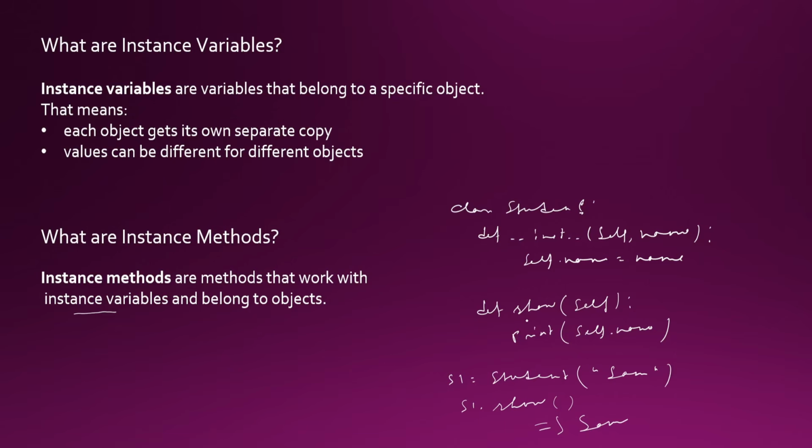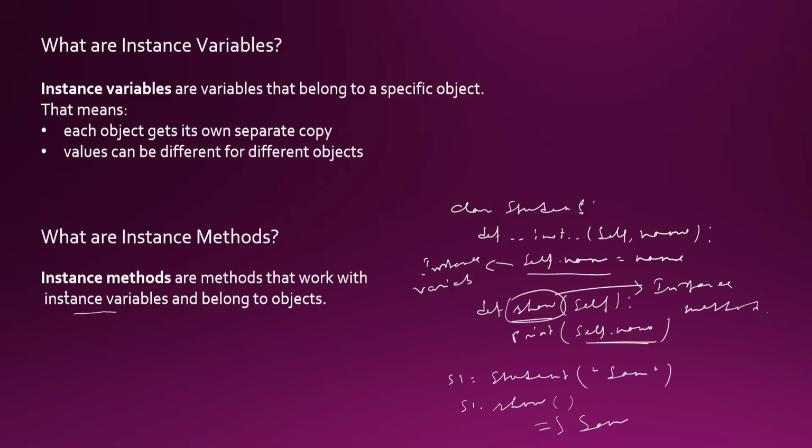Now see, this show method is working with self.name. My self.name is what? This is an instance variable, right? Now this show method is working with self.name. That is why this show method is called an instance method.